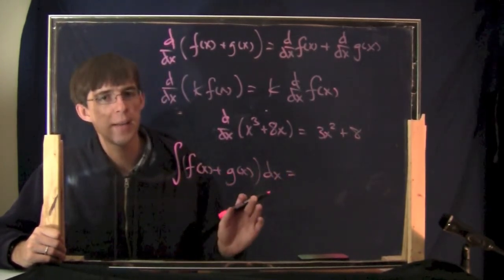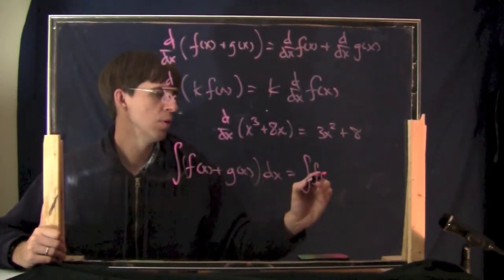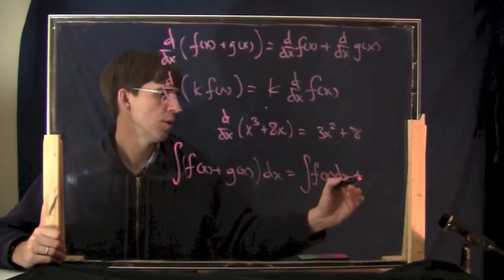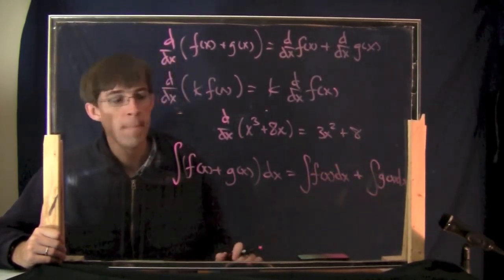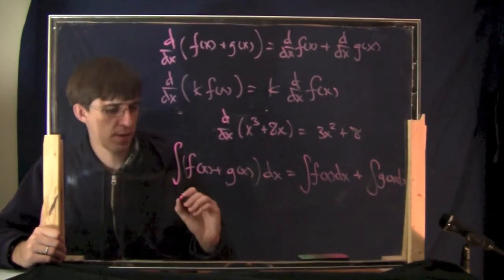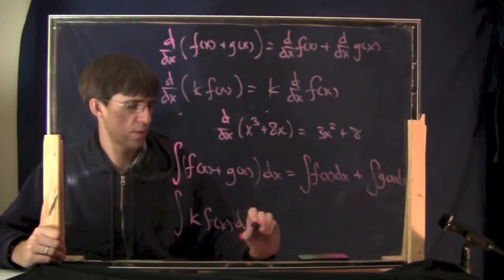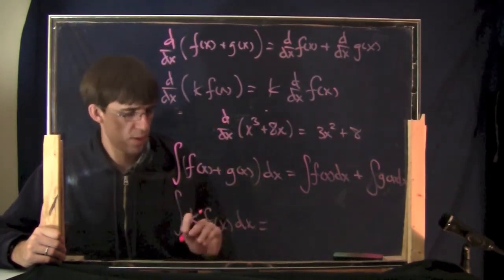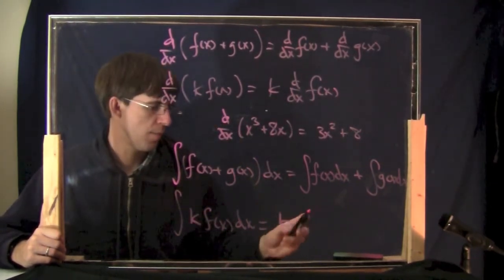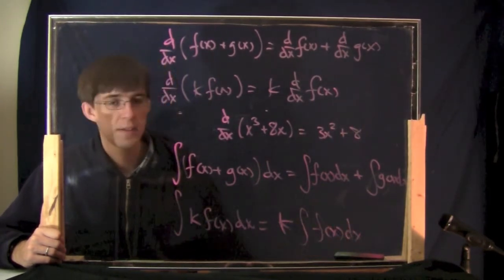If you have two functions added together inside of an integral, the antiderivative is equal to the integral of the first function plus the integral of the second function. All right? And similarly for multiplying by constants. So a constant times f of x dx, the antiderivative is equal to, you can pull the constant out of the integral sign, k integral f of x dx, like so.